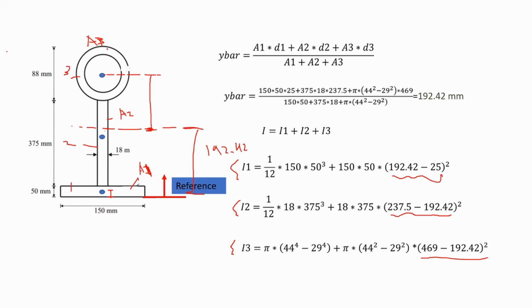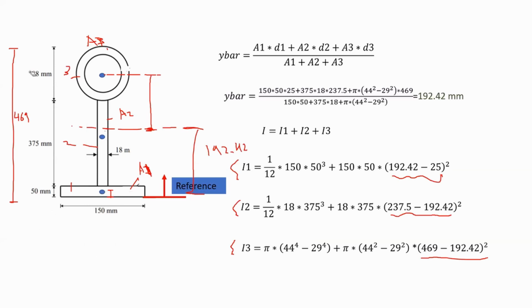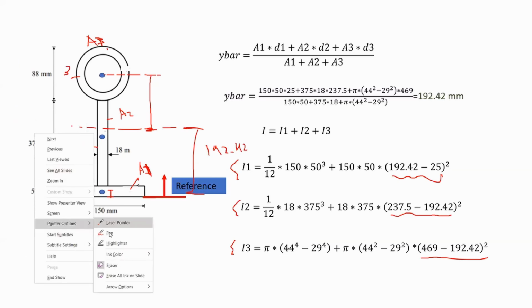469, minus 192.42. Let me check: 375 plus 88 plus 50. Actually, this here is not the whole thing. Just as an example, I will show you.